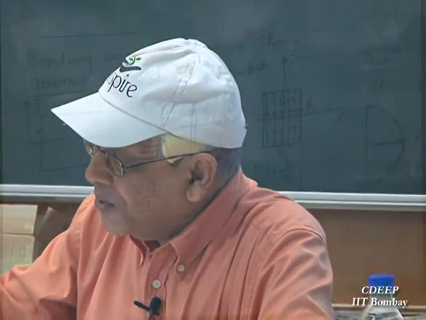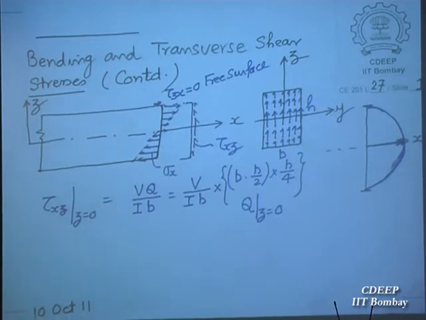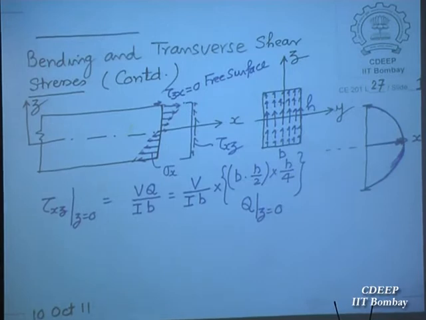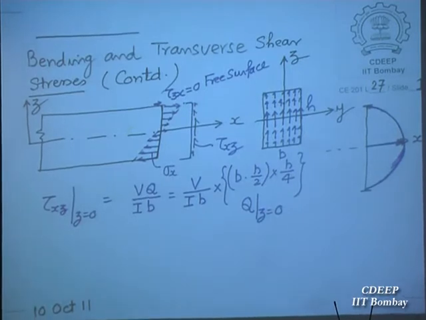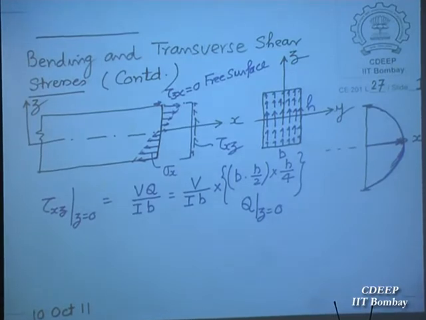So I will take the first moment of the area, V the shear force, so this is the tau xz variation. I think last time also I gave you the variation as a function of Z. But the only thing I did not find out was this value exactly.